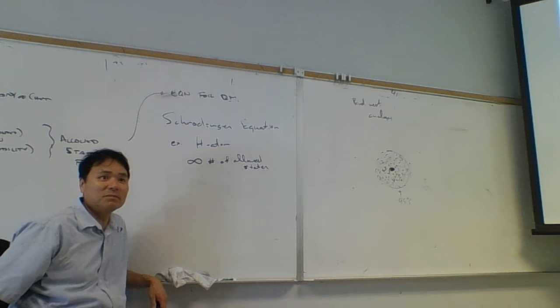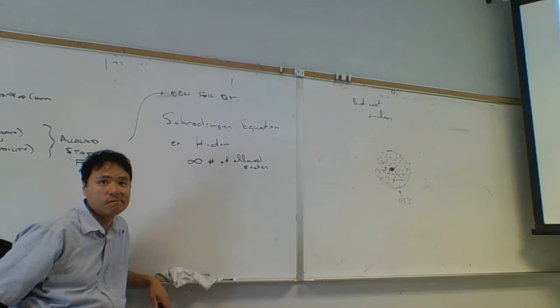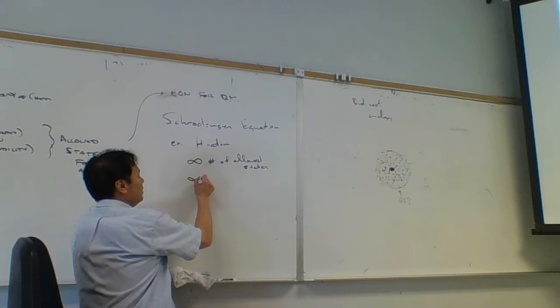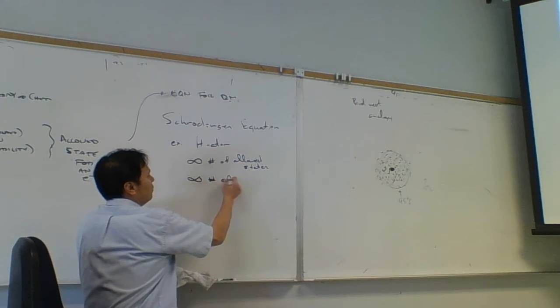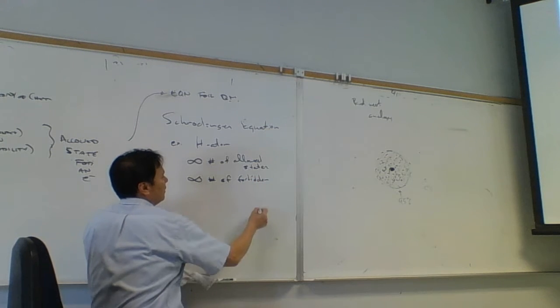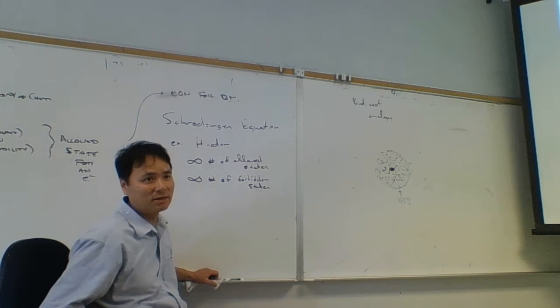If there's an infinite number of allowed states, does that mean that there are no forbidden states? No. It turns out there are also an infinite number of forbidden states. So there's an infinite number of allowed states and an infinite number of forbidden states.